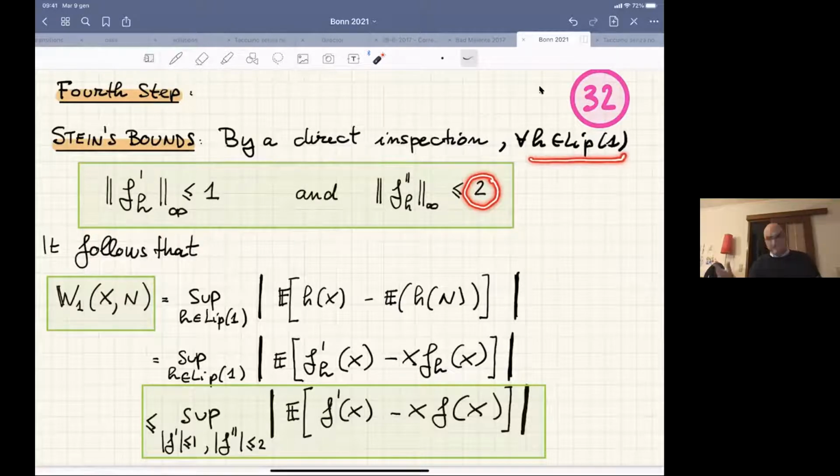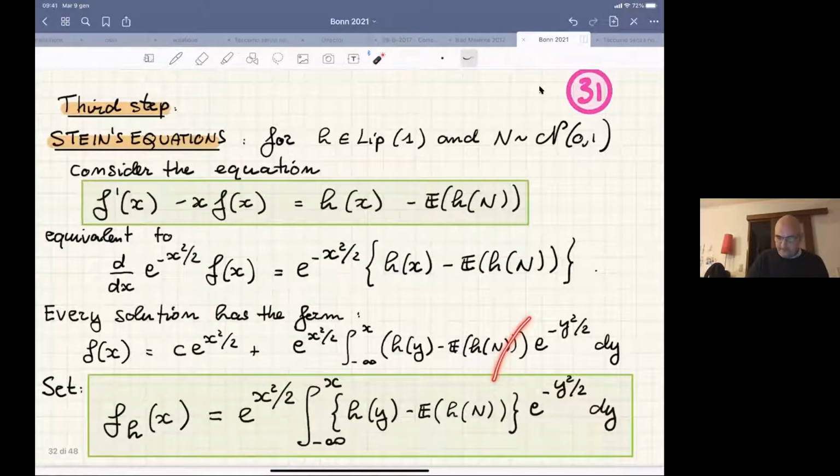So these are two estimates that can be done by just working a bit with the explicit expression of this canonical solution. In particular, it is useful in general to use the fact that this integral from minus infinity to infinity is equal to 0.